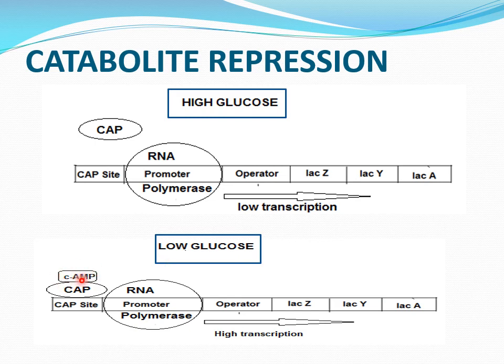This cyclic AMP helps this CAP, the catabolite activator protein, to bind with this CAP site. And now because of the presence of this CAP protein or the CRP protein, this RNA polymerase will bind to the promoter, and the rate of transcription of this polycistron will be high.